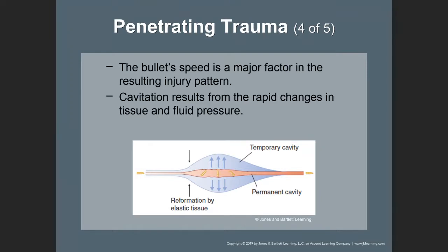Cavitation results from rapid changes in tissue and fluid pressure. You can have temporary cavitation, which occurs from the pressure wave generated by the bullet, and permanent cavitation, which is the path that the bullet takes when it goes through the body.